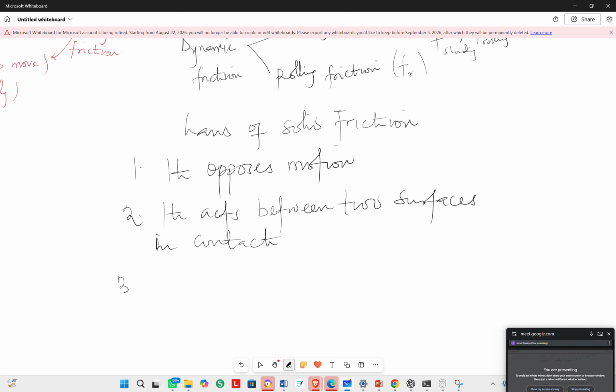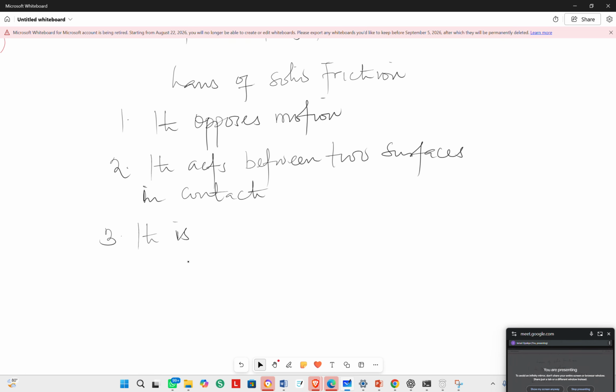And then number three, it is dependent on the nature of the surfaces in contact.